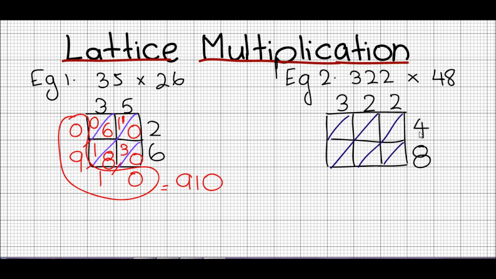2 multiplied by 4 will give us 8 because it's a single digit. We write it like this with a 0 here and an 8 here. 2 multiplied by 8 gives us 16.